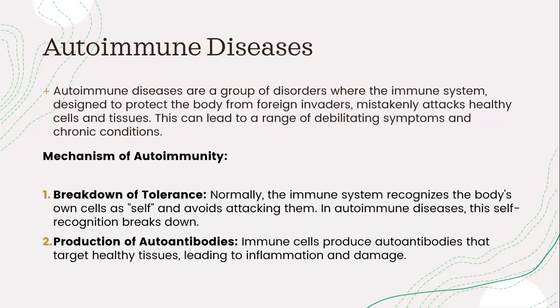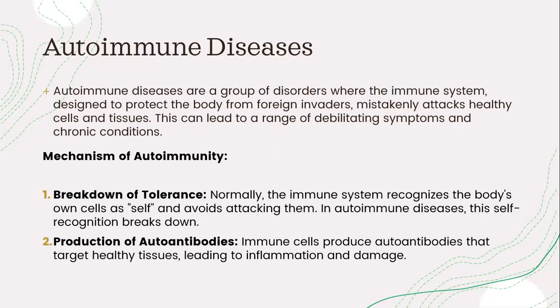There's also the case where you produce auto antibodies. So immune cells produce auto antibodies that target healthy cells, leading to inflammation and damage. When your B cells are being formed, we didn't go into it in this lecture because it's a bit more complicated, but when you're forming B cells in the bone marrow, there are some cases where you could form a B cell that recognizes the antigen of your body.